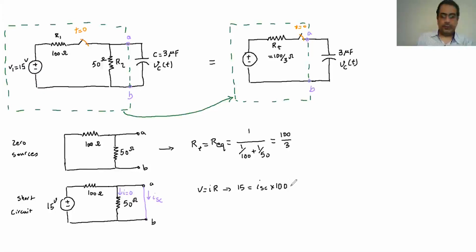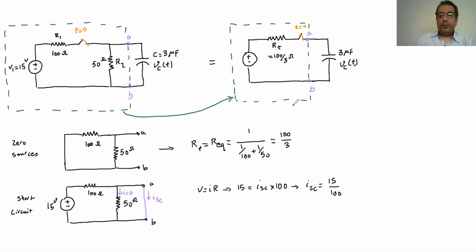Therefore the ISC is 15 divided by 100. That's the ISC that goes through that circuit.